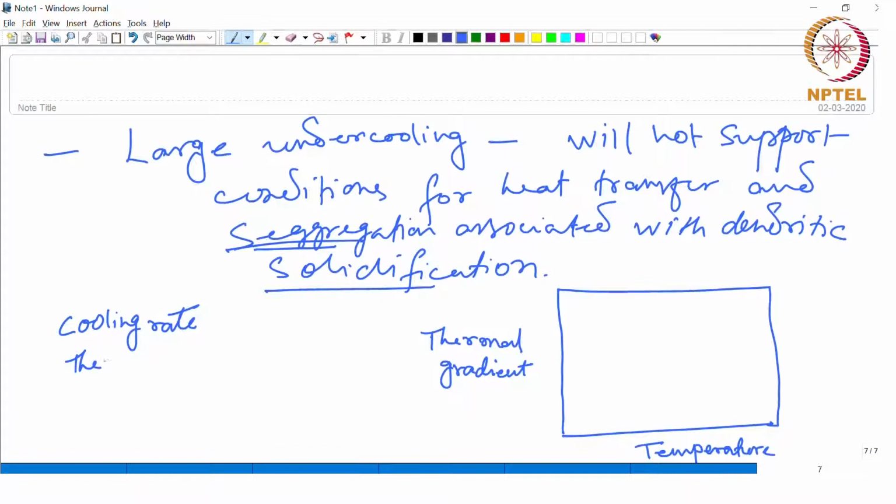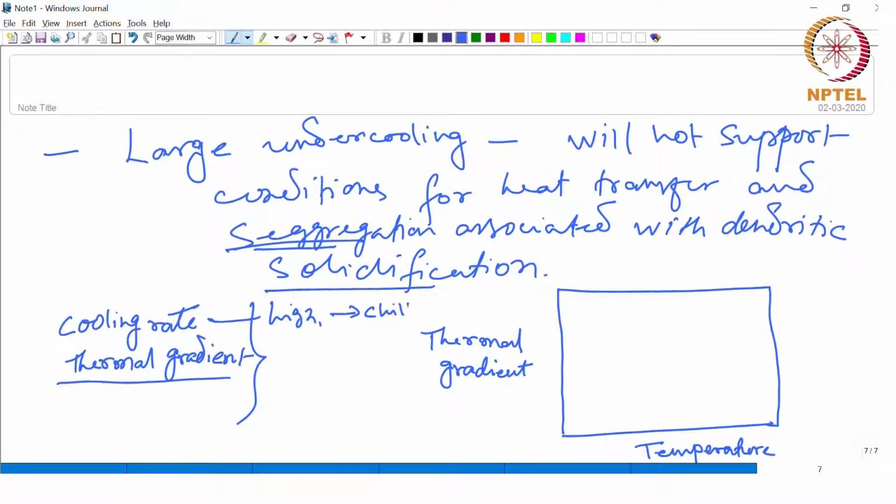Cooling rate and thermal gradient. When you have high cooling rate, you have this chilling effect, as I said before, on the surface of the solidifying particles, and as a result of that, it will generate high thermal gradient.